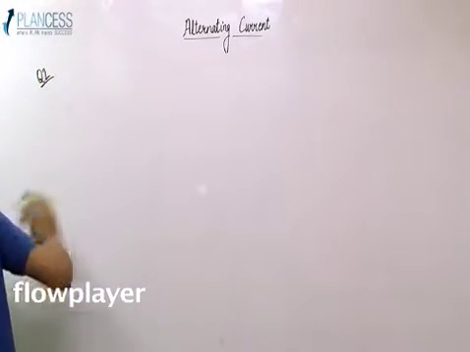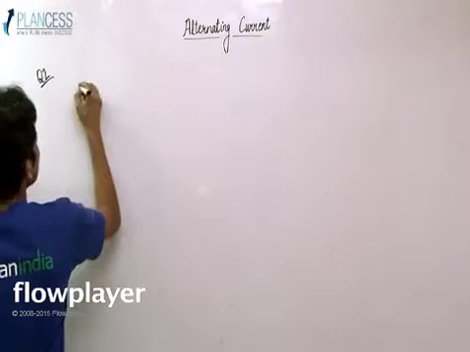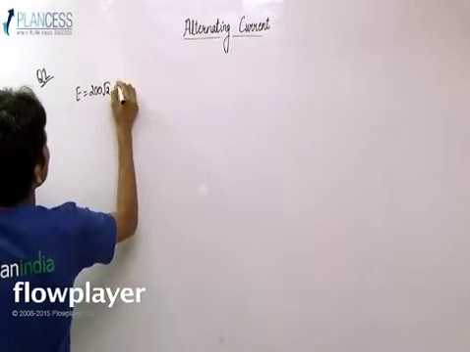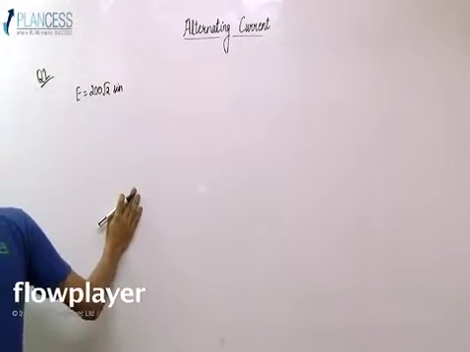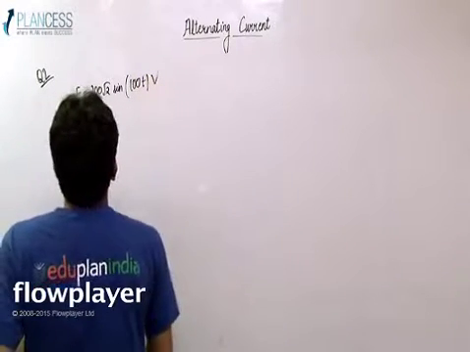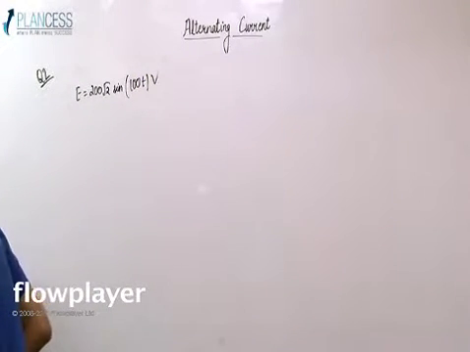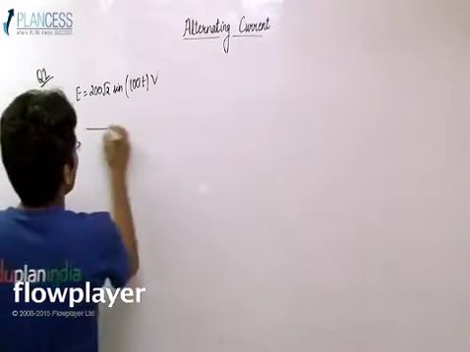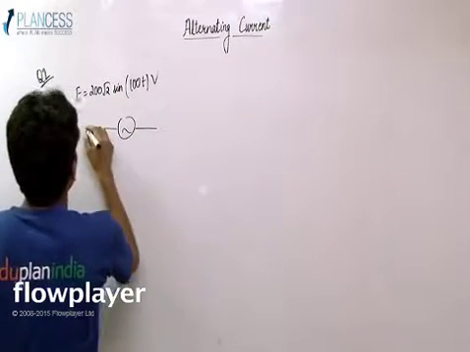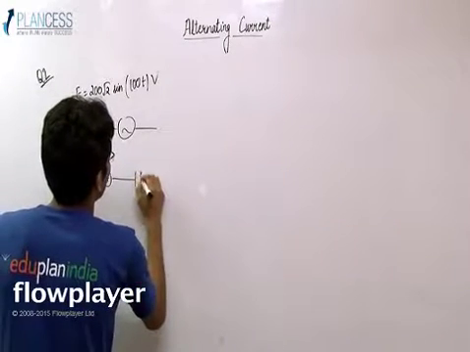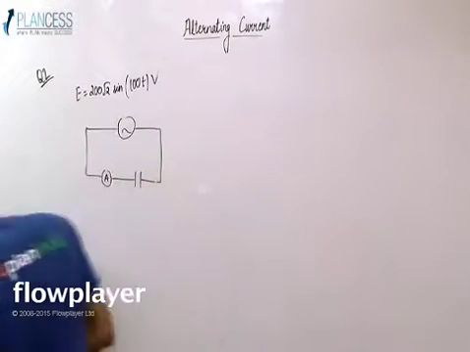Question number 2 says that an alternating current E = 200√2 sin 100t volt is the EMF given, and it is connected through an AC ammeter to a capacitor.